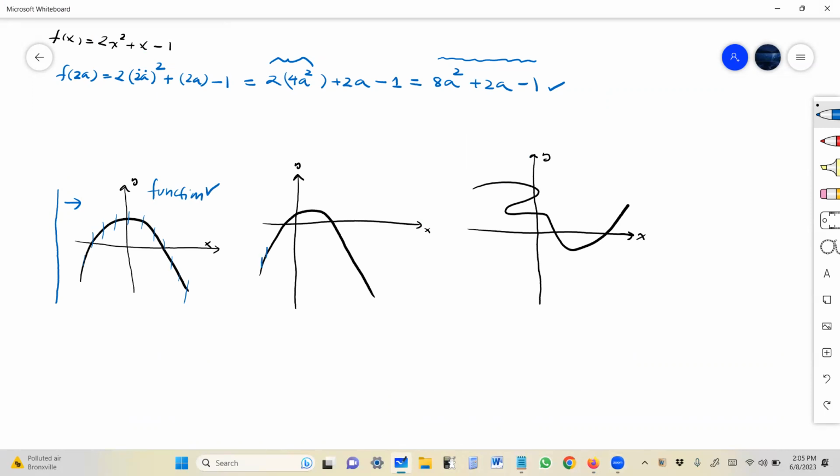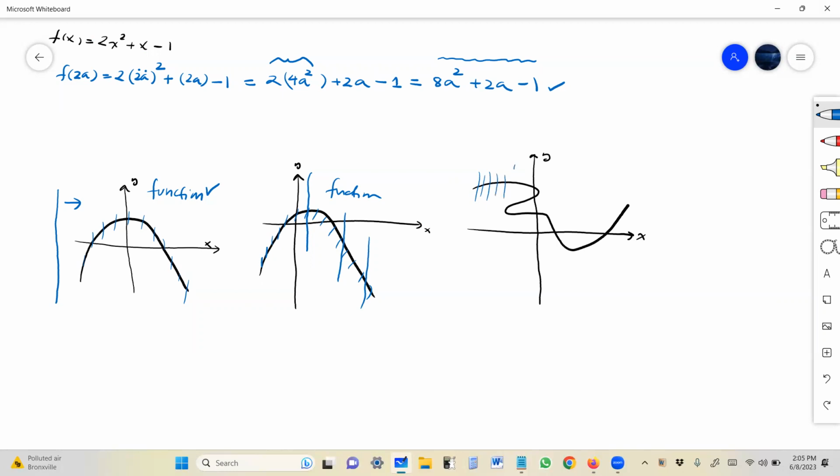So is this one. Okay, this is also a function because the vertical line intersects the graph only in one location. No matter where you go, it's only one location. But look what happens with this one. Here, it intersects in one location.